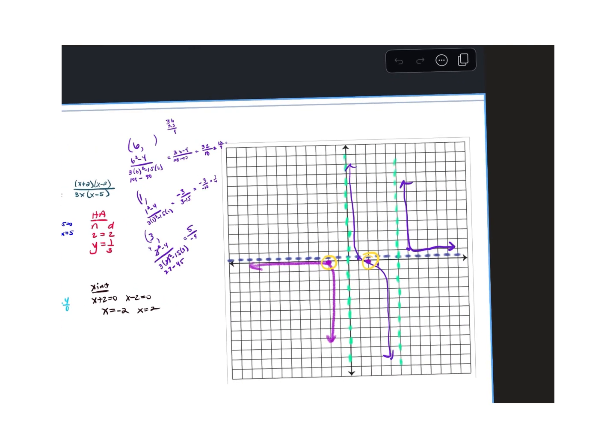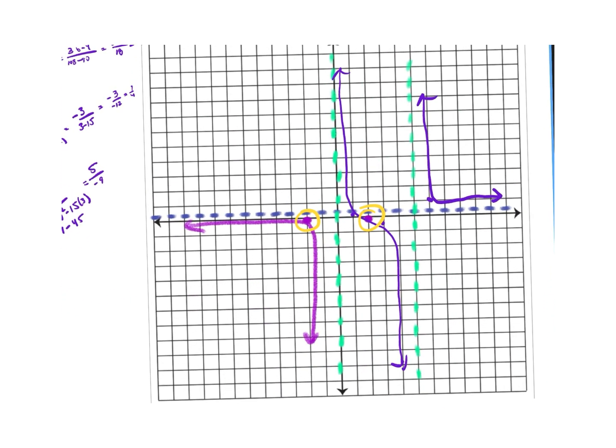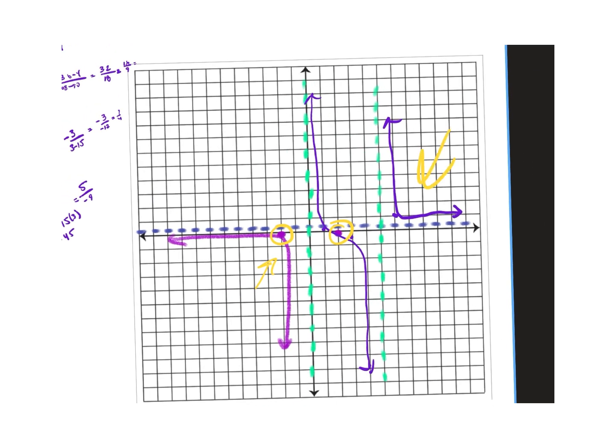So in this case, I knew that this boomerang existed down here because it's always going to go through the intercept. It's not going to be up here and not go through it. But over here, I didn't know if it was top or bottom.